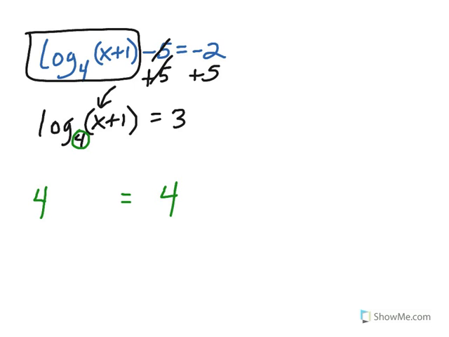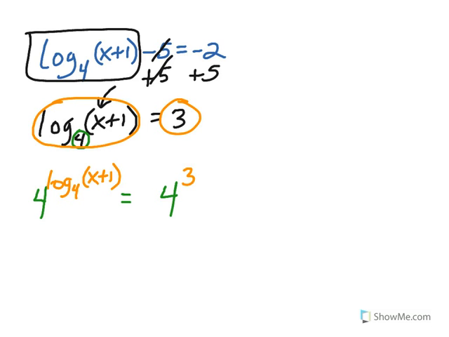Now I'm going to take all of this stuff that's in the equation and make that exponents on both sides. So log base 4 of x plus 1 and 3. So I exponentiate it. It means I turn the entire equation into exponents. And 4 was the base.